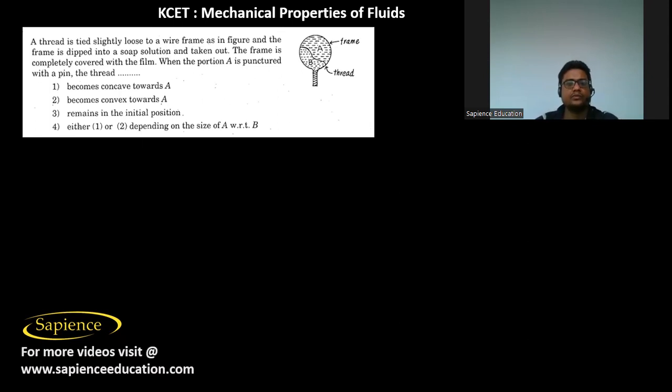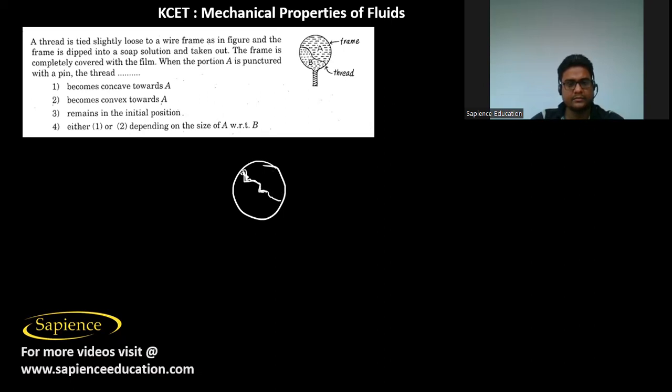When the portion A is punctured with a pin, how will the thread change?